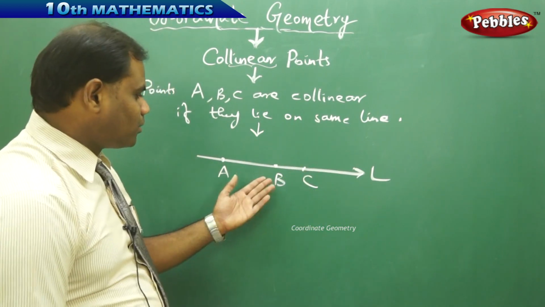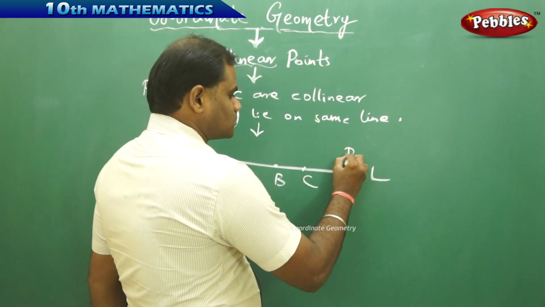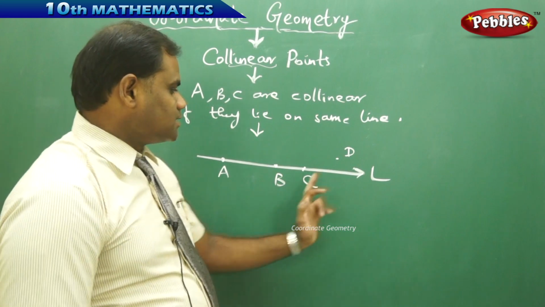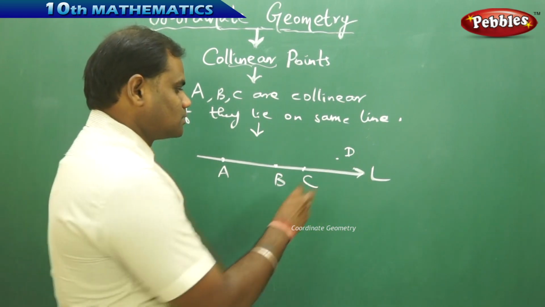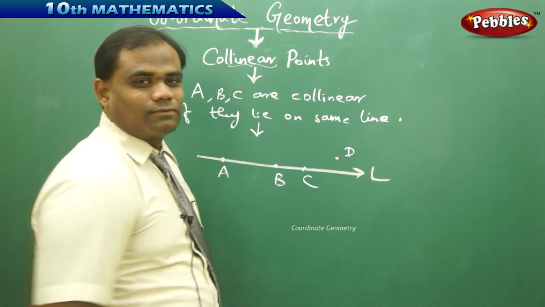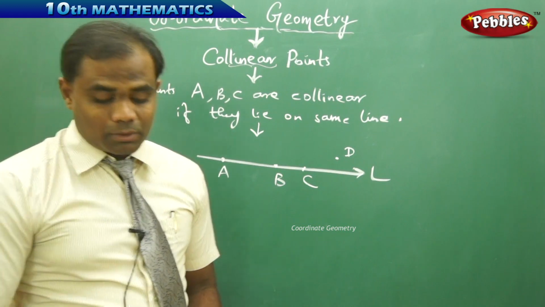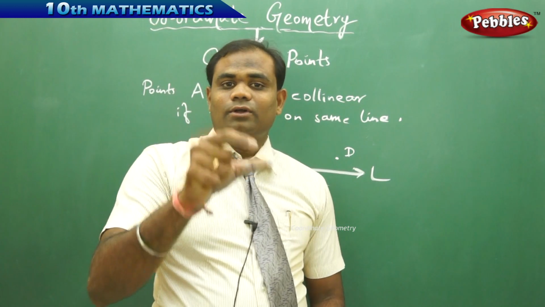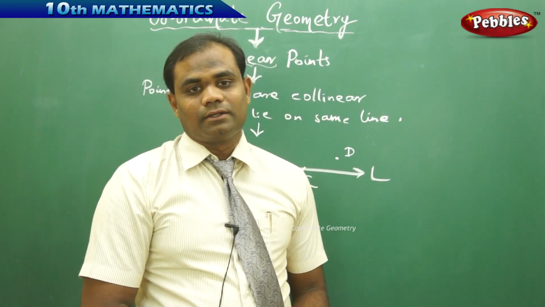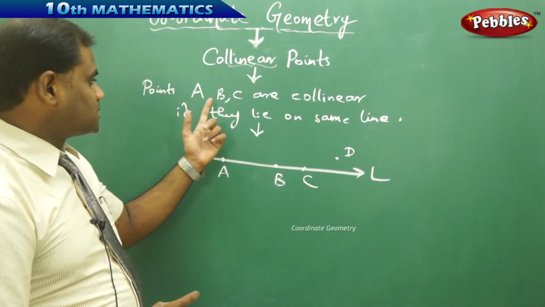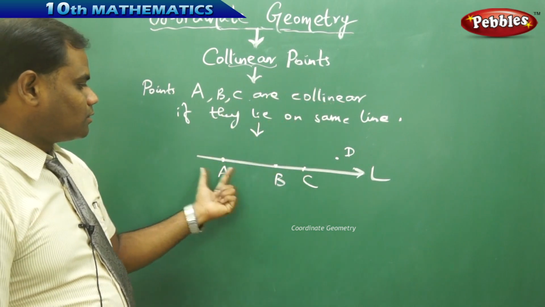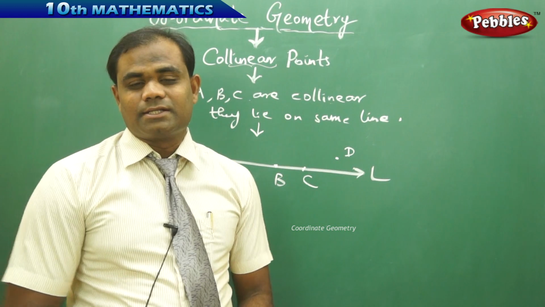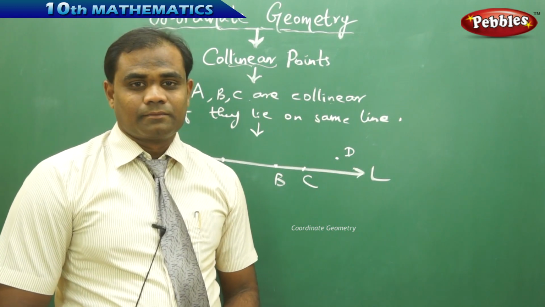If I have any other point D, which is outside of it, then A, B, C are collinear, but A, B, C, D are not collinear because this is outside of the line. For the points to be collinear, I need to have all the points on a fixed straight line. Therefore, for the points A, B, C to be collinear, all 3 must lie on the same line. This is how we understand the collinearity.